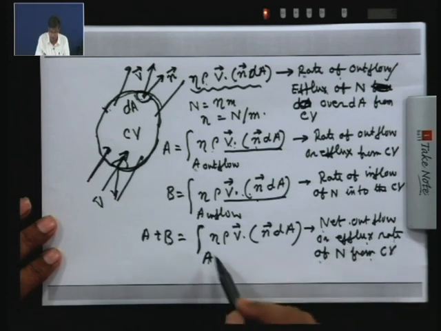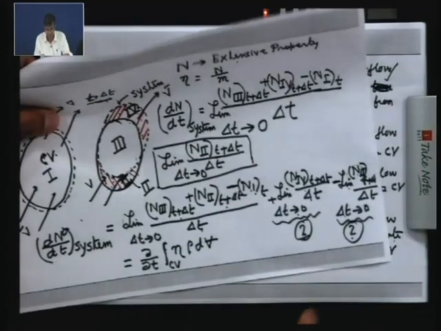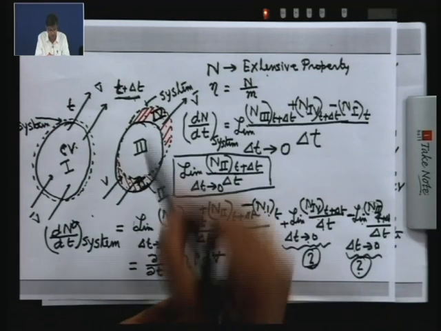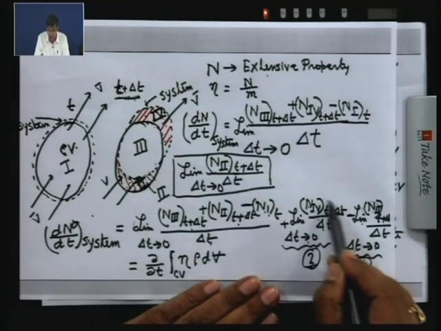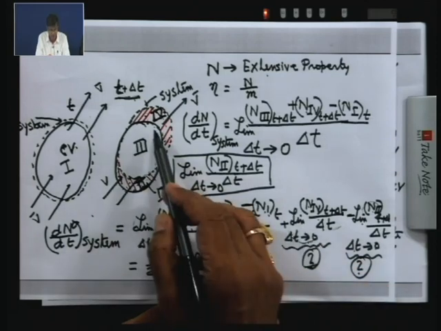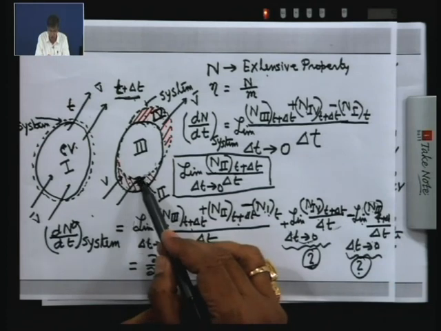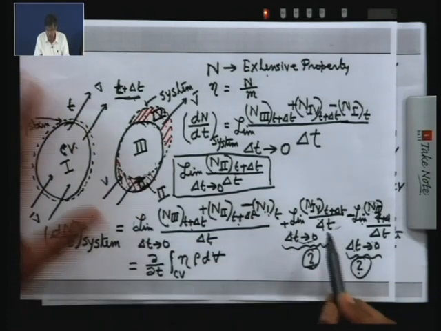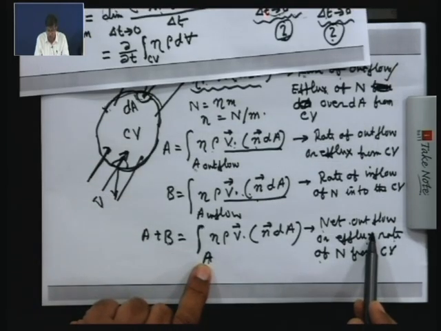Now you understand the physical significance. When this volume collapses, this represents the rate of outflow of n from the control volume, and this represents the rate of inflow of n to the control volume, and as a whole these two represent the net rate of outflow or efflux of n from the control volume.